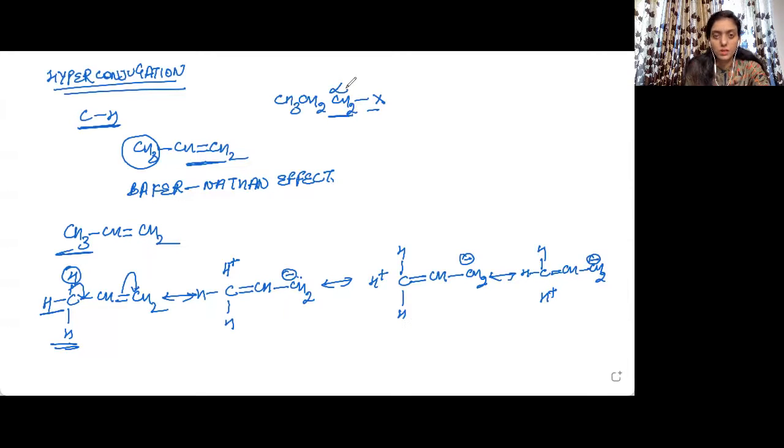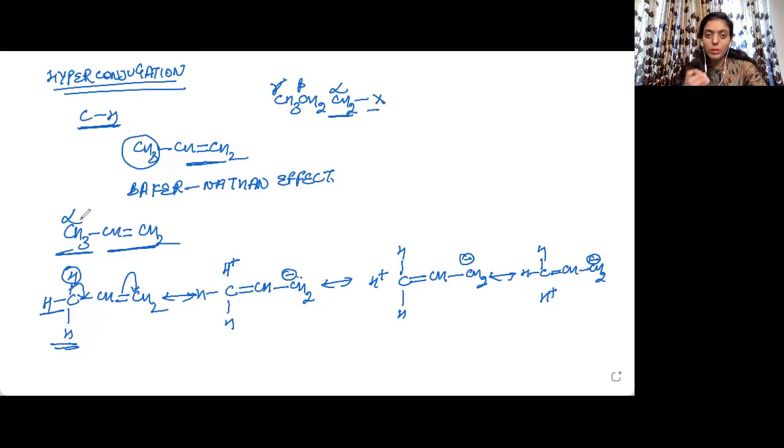Next to the alpha carbon is the beta carbon. Next to the beta carbon is the gamma carbon. In the case of propene, the functional group is the carbon-carbon double bond, because of which it has different properties. So the carbon next to the carbon-carbon double bond is the alpha carbon. This means this is the alpha carbon.